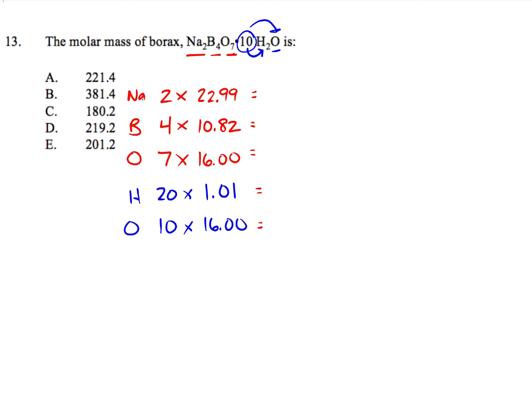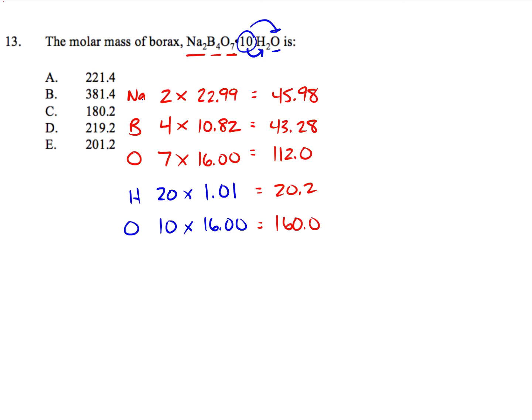So now multiply all of these out. So 2 times 22.99, we get 45.98. 43.28. 112. 20.2. 160.